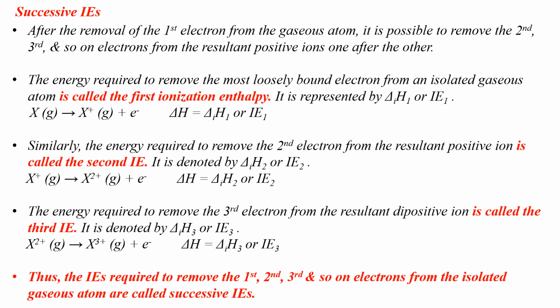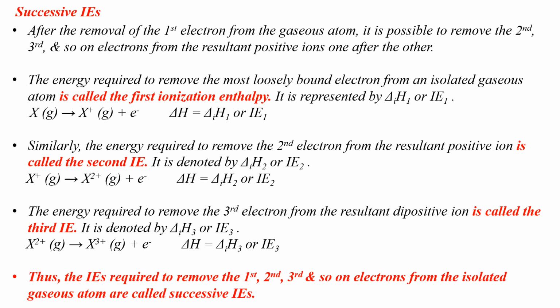And this is represented by delta IH1 or IE1. Look at the process. X gas gives X plus gas plus electron. Here an electron is lost. The enthalpy change or energy change associated with this process is equal to delta IH1 or IE1.